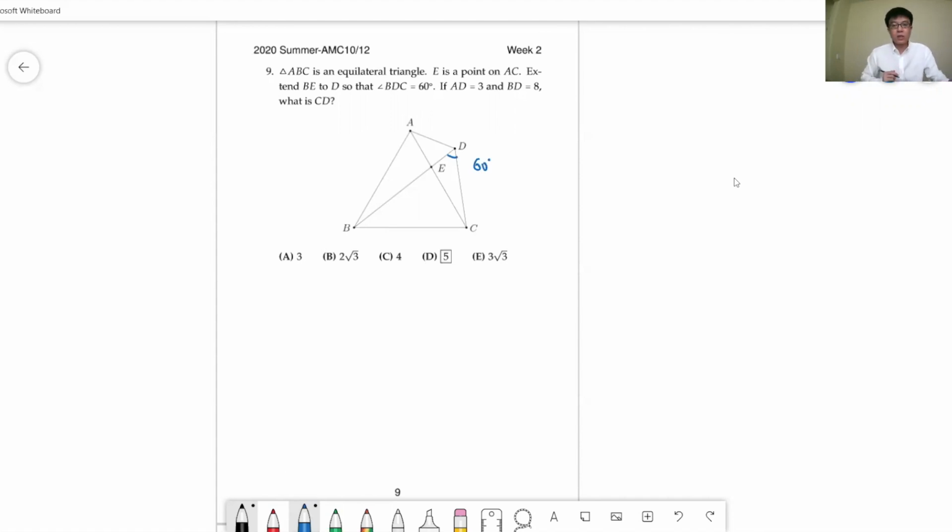Because BAC is 60 degrees and BDC is 60 degrees, it's very natural to know that these 4 points are on the same circle. That's a cyclic quadrilateral. So we can basically draw this circle.